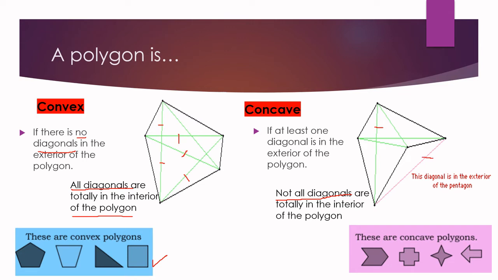This diagonal is in the exterior of the pentagon or polygon. So, here are some of the examples of concave polygons. Kapag gumawa kayo ng diagonal dyan, nasa exterior. The same thing also with this one and this one. So, kapag concave polygons, meron siyang diagonal na matatagpuan sa labas ng polygon.